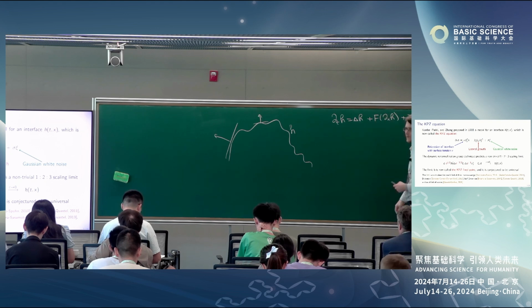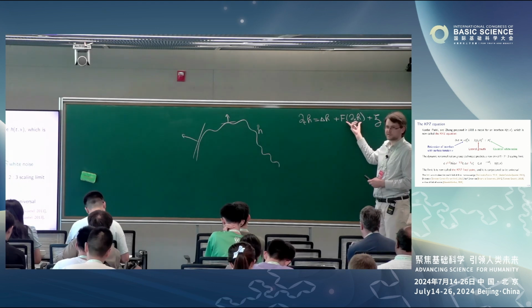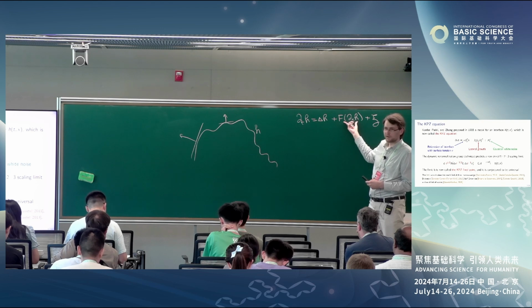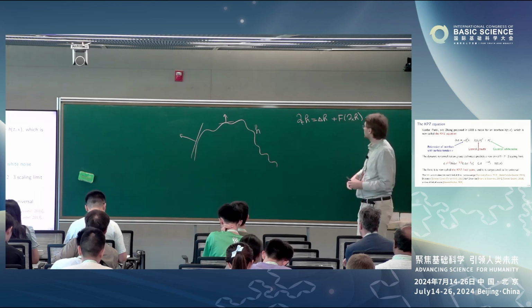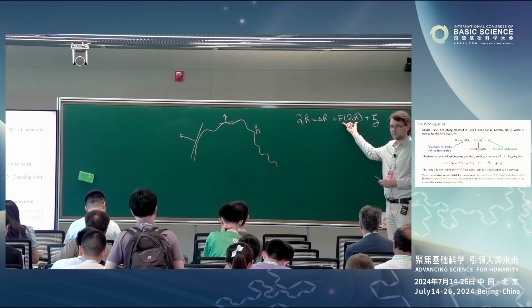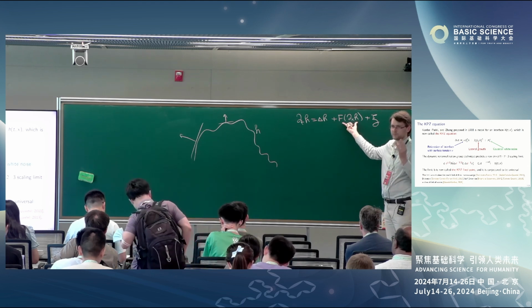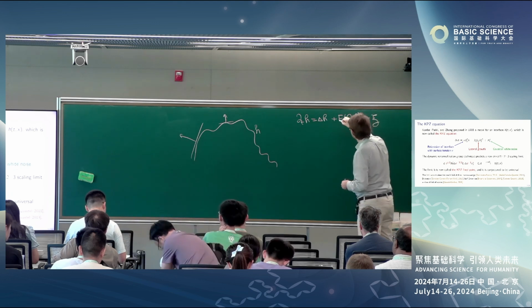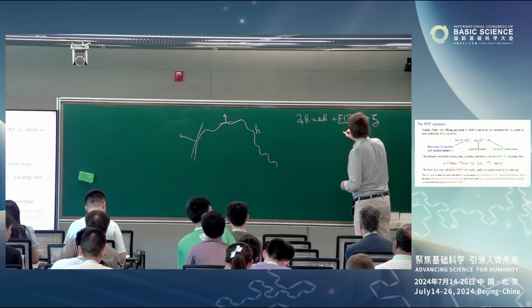So the natural form of the equation you would expect is one where the slope dependent growth is given by some function f which depends on the derivative. What is the simplest interesting function?